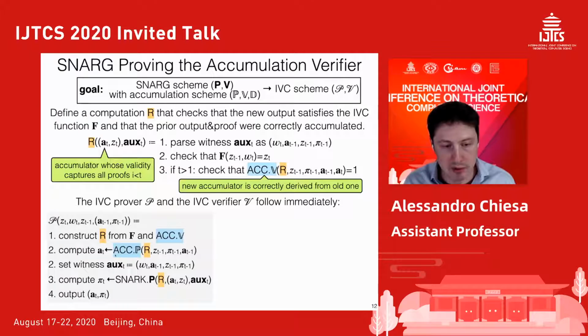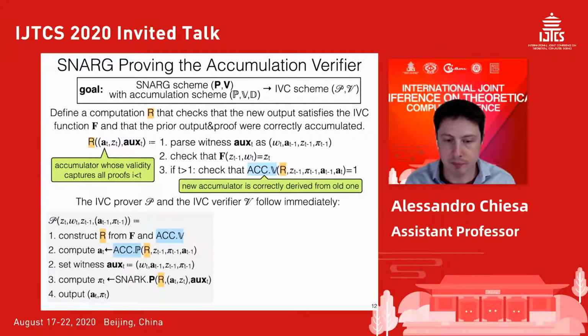Before running the snark prover, accumulate and produce the new accumulator. So here I have the old accumulator and the thing I need to accumulate, and I produce a new accumulator. I put it in the auxiliary input, and I put it in the input to the circuit. And now I prove that this recursive circuit accepts this input AT and ZT. And now I output, as a new proof in the IVC scheme, the snark proof and the accumulator.